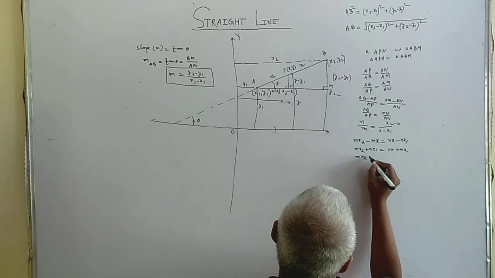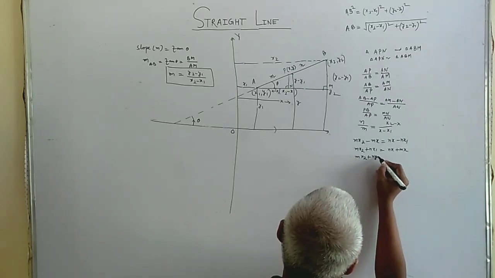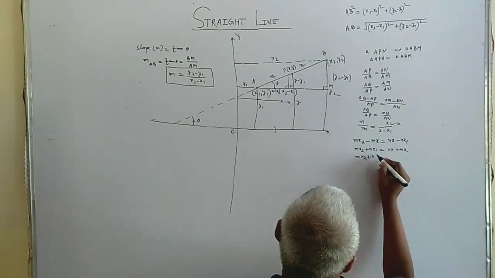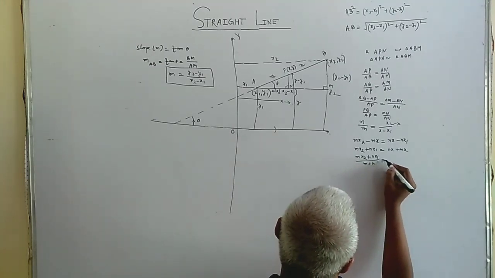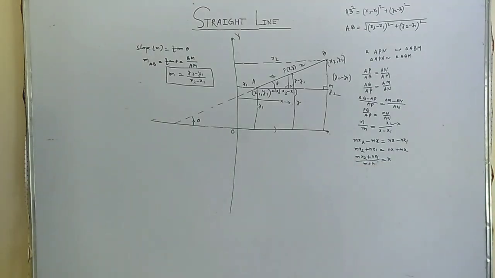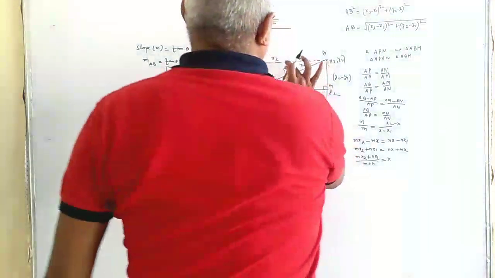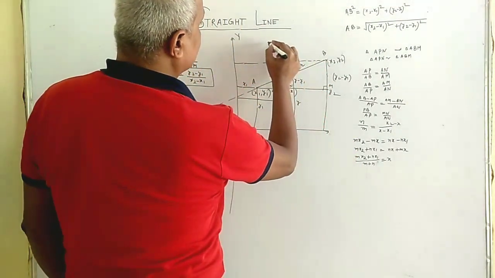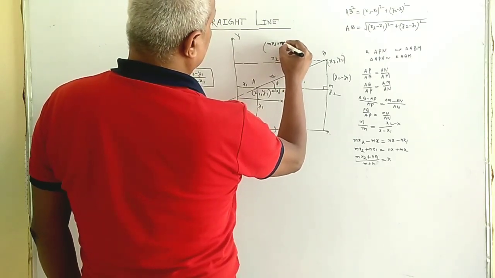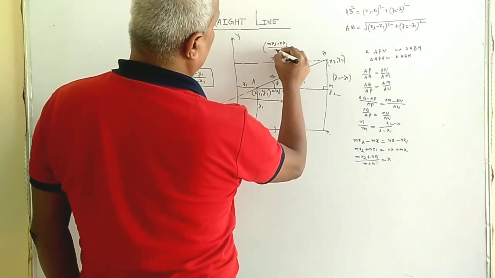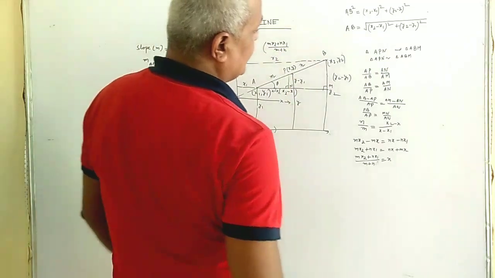So mx2 plus nx1 upon m plus n will be x. So it means the coordinate of the point P here is going to be mx2 plus nx1 upon m plus n.